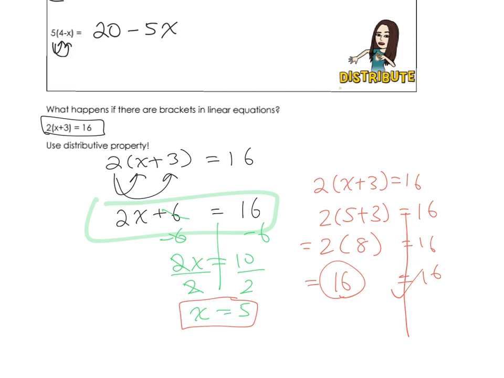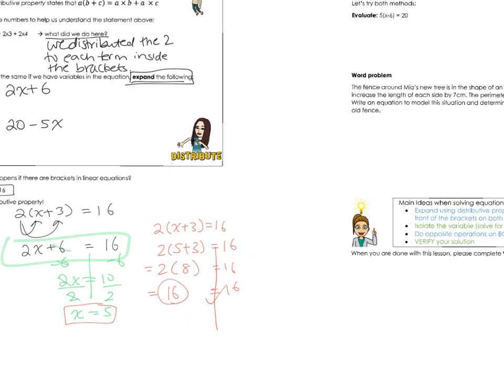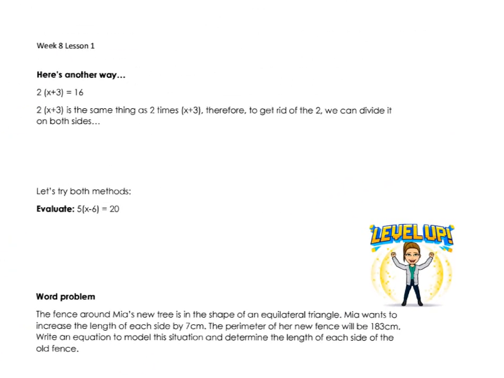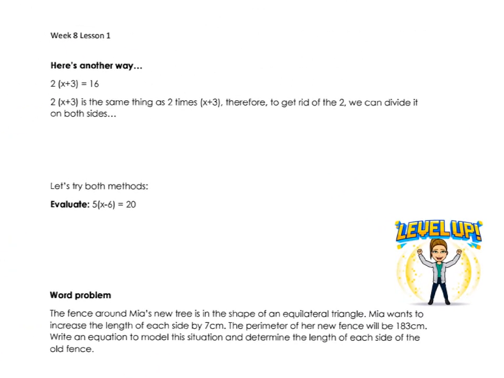We're going to go over one other way to solve when there is a number in front of the brackets. I want you to see that. Remember how 2x is the same thing as 2 times x. That's the same thing as 2(x + 3) in brackets like this.